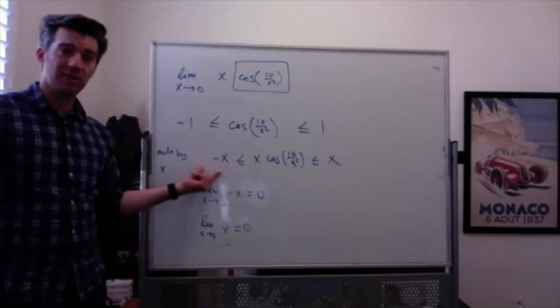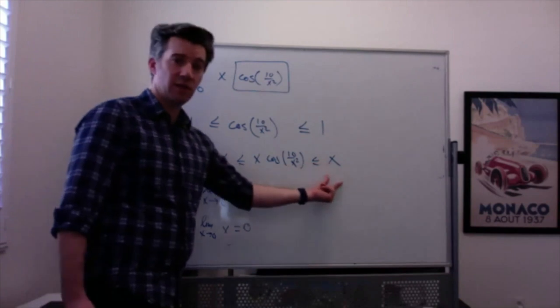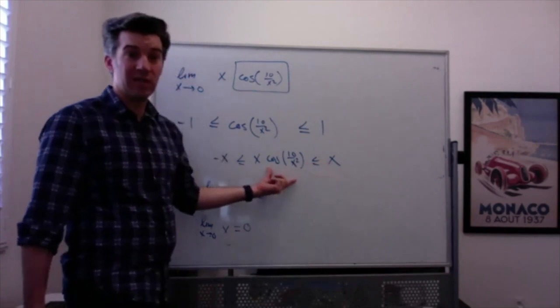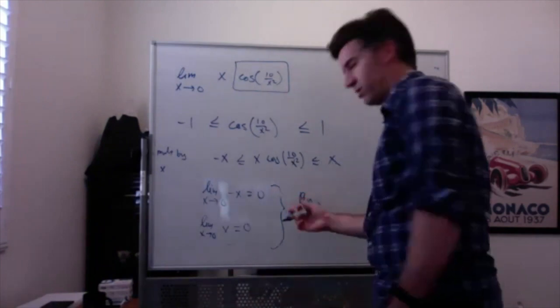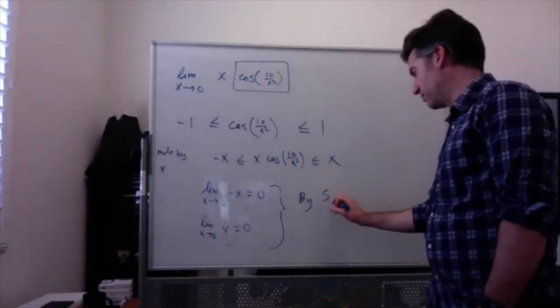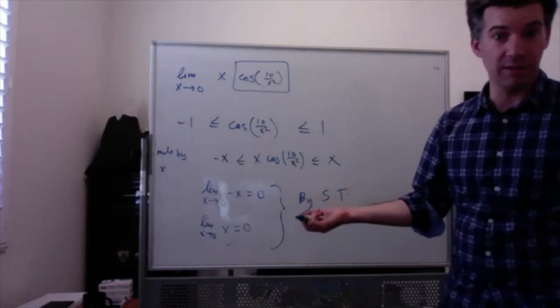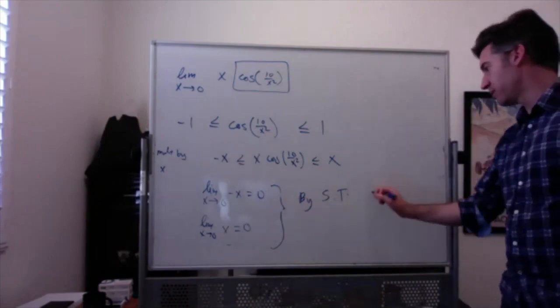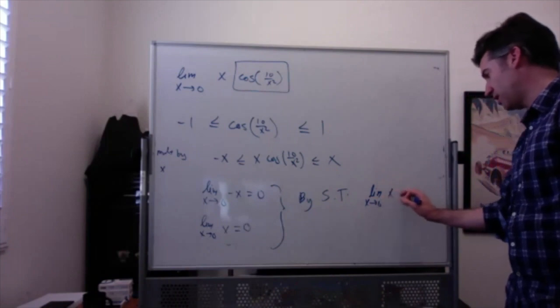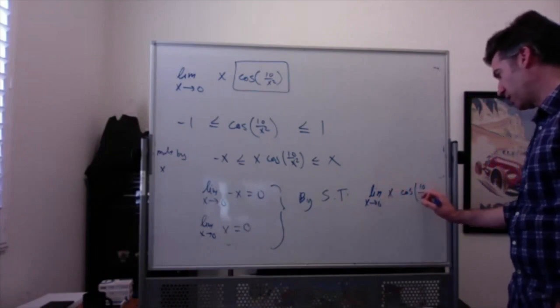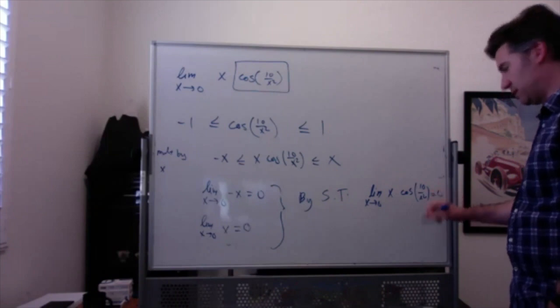So since the limit of this is 0 and the limit of this is 0, the limit of this gets squeezed to 0. So we can say by the squeeze theorem or the sandwich theorem, I just like to write ST, can mean either, the limit as x goes to 0 of x times cosine of 10 over x squared has to equal 0.